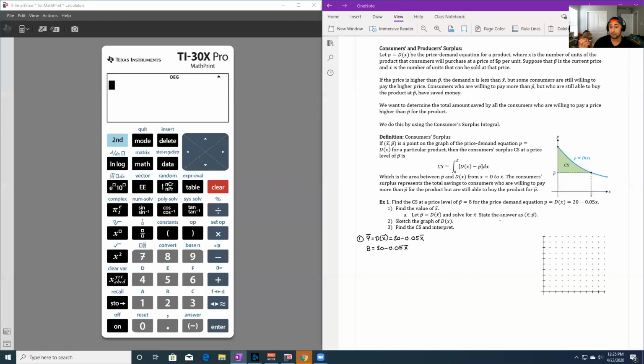So subtract 20 to the left, and you'll get negative 12 equals negative 0.05 X bar. Then divide by negative 0.05. And 12 divided by 0.05 gives me 240.